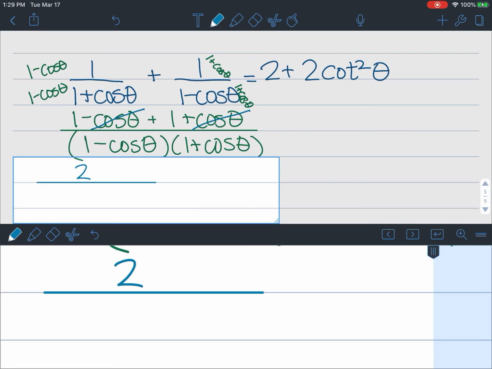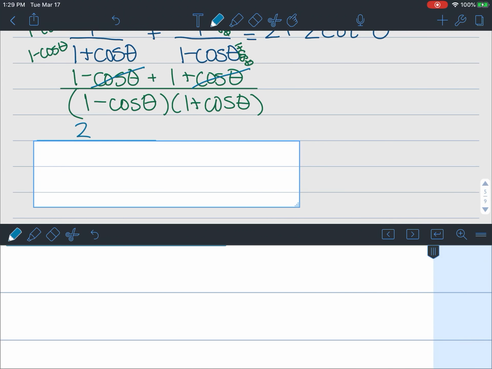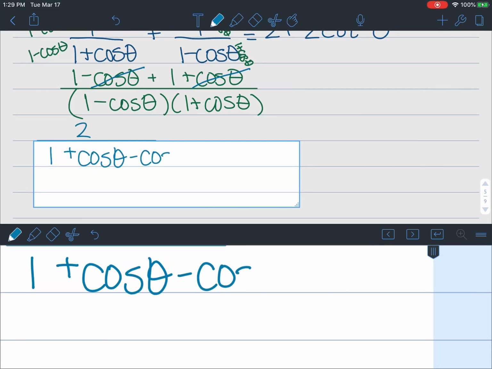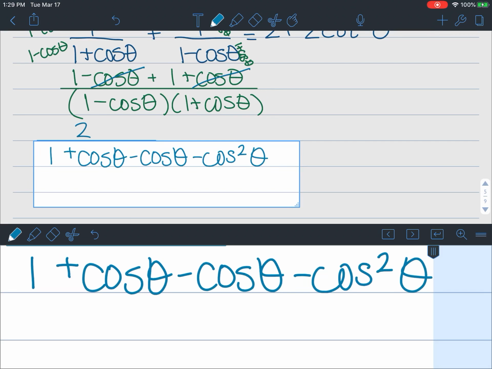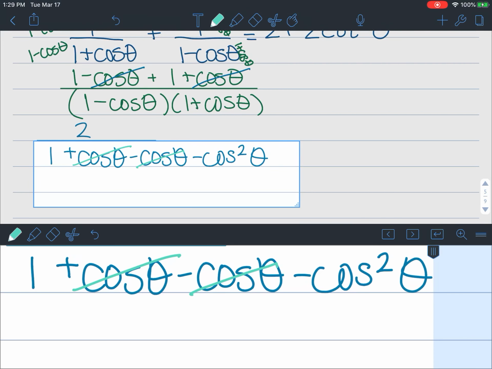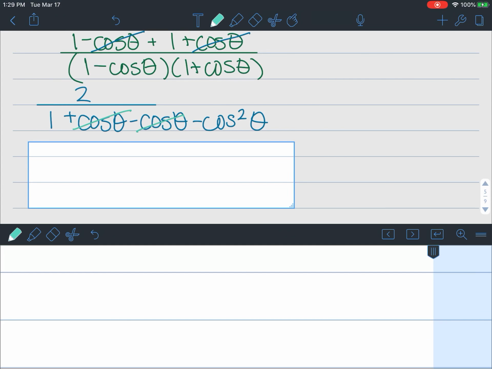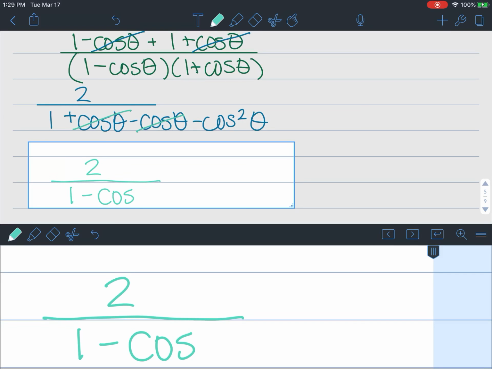Also, in the denominator, I can FOIL these together, and I'll get 1 plus cosine theta minus cosine theta minus cosine squared theta. And again, I have these canceling. So this positive and this negative cosine cancel. Now I have 2 over 1 minus cosine squared theta.